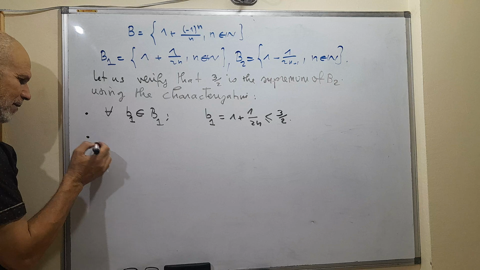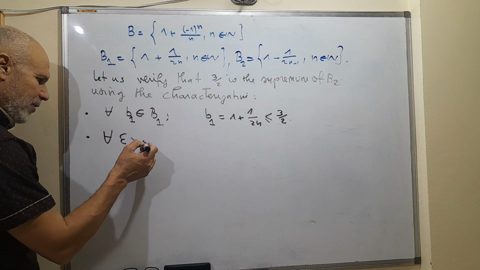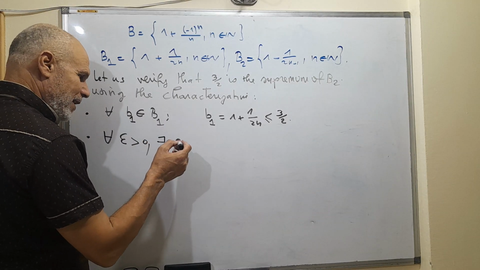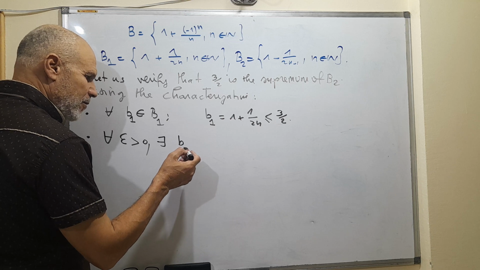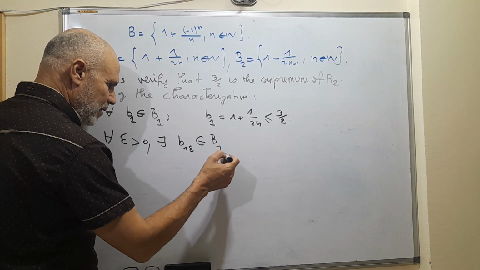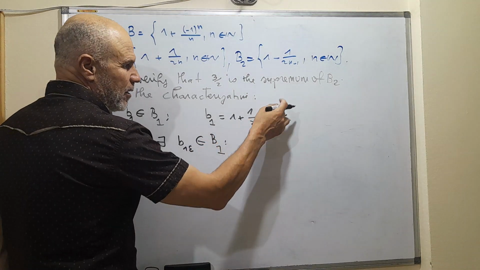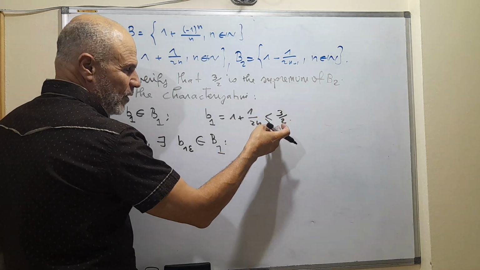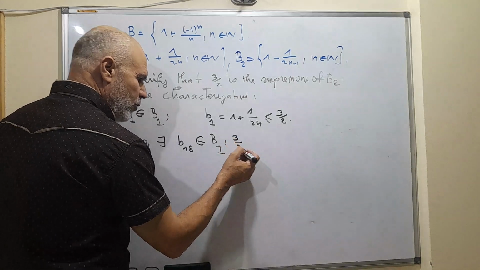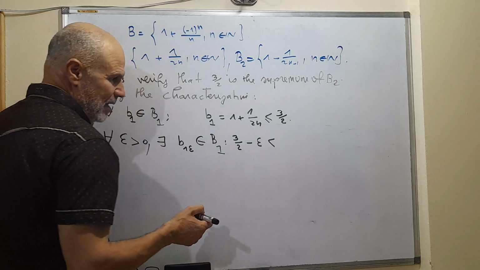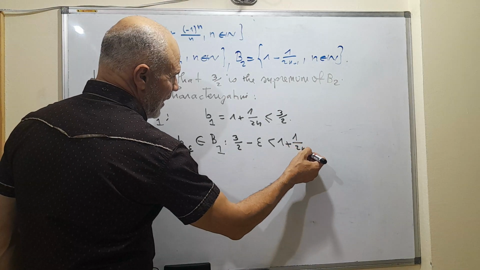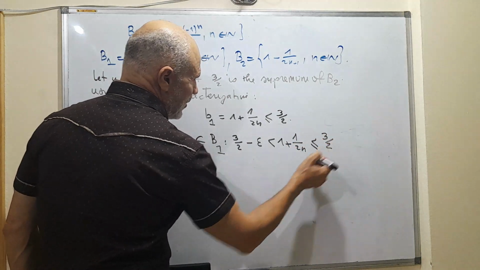And second, is the following true? For all epsilon greater than 0, can we find an element b1 epsilon from B1 such that 3 over 2, which we suspect is the supremum, minus epsilon is strictly less than 1 plus 1 over 2n, and this is less than or equal to 3 over 2?